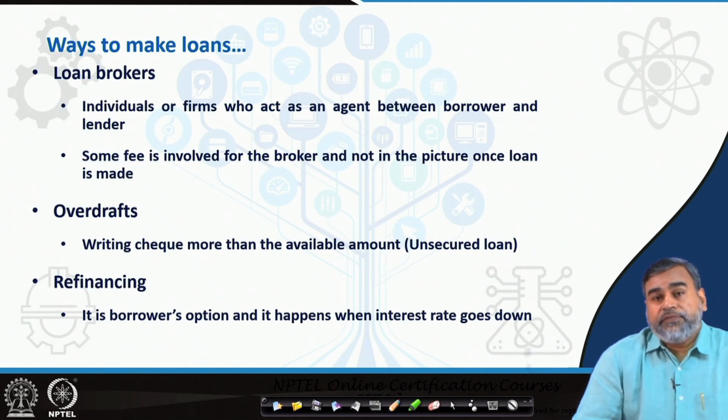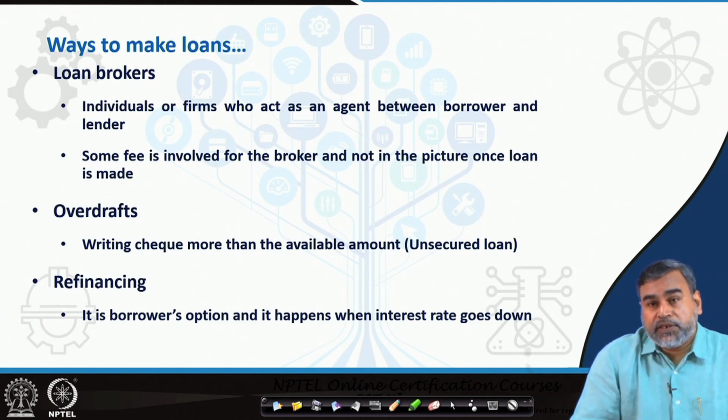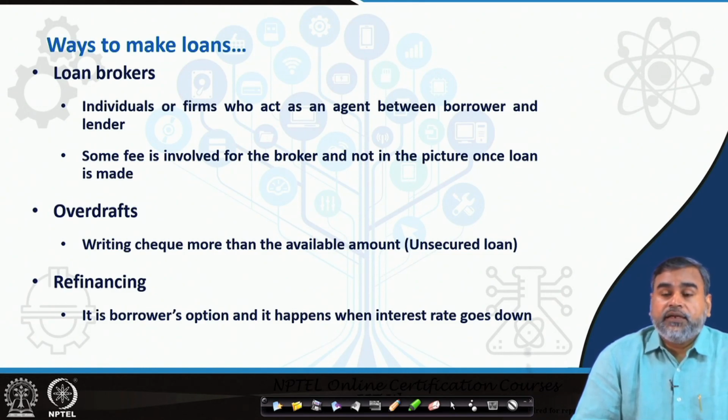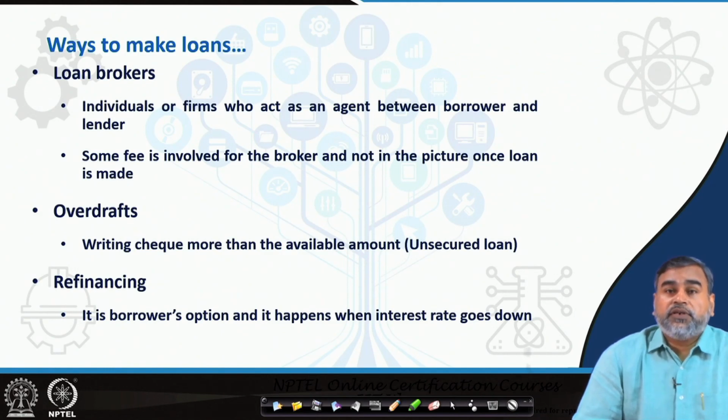They charge a certain fee, and they advise the prospective borrower to prepare the documentation and provide the information the bank needs, so the customer has less of an information gap regarding the requirements of that particular loan and what the bank needs.